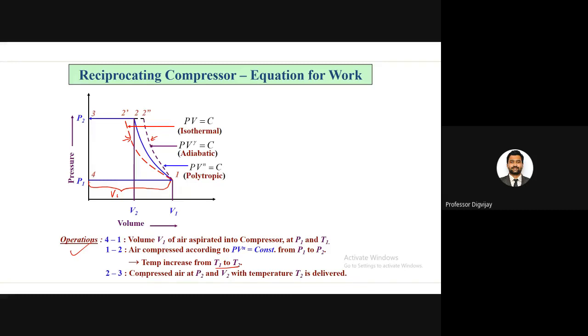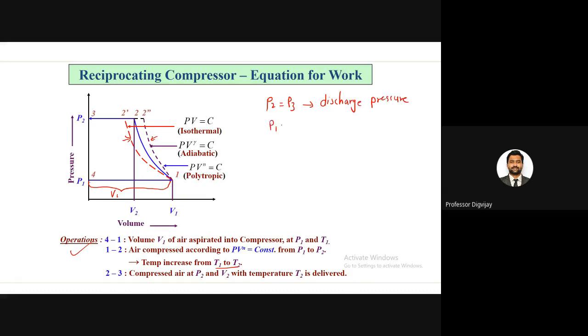Then we have 2 to 3, compressed air at P2 and V2 with temperature T2 is delivered. So the discharge process is at constant pressure P2. We are dealing with 2 pressures here. First is P2, which is equal to P3; we refer to this as the discharge pressure.